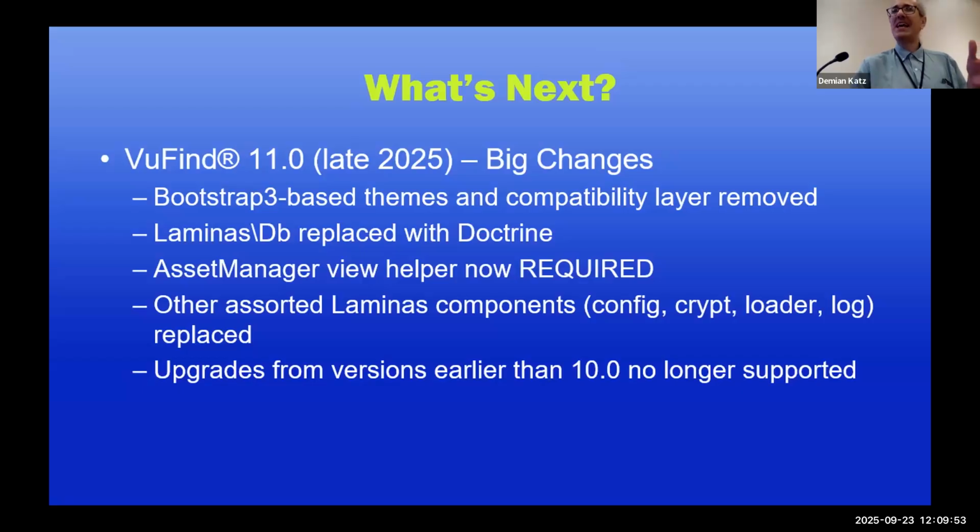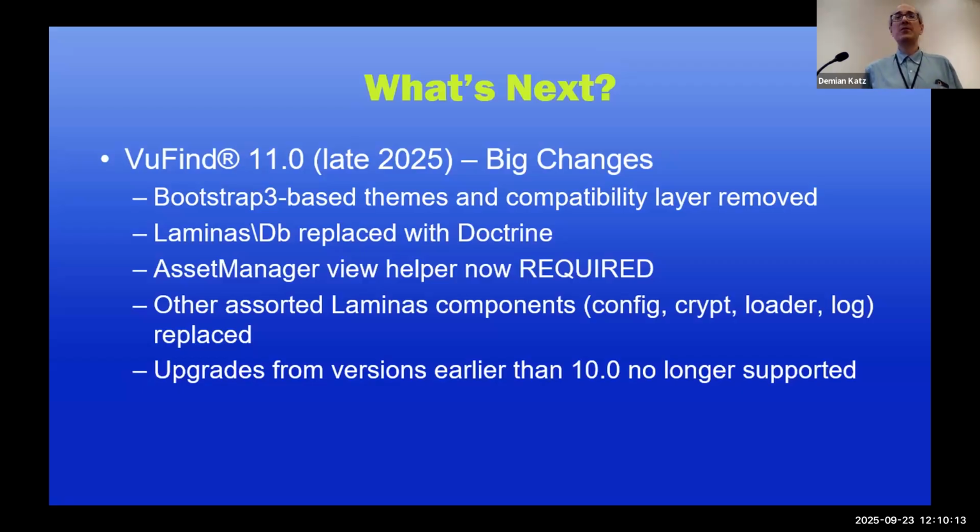Because of, as I keep saying, the fact that VuFind 10 is designed to help you transition into VuFind 11, we also made the decision to stop supporting upgrades for earlier versions of VuFind. Please upgrade to version 10, work it through all of these issues, and then you'll have a smooth path to 11.